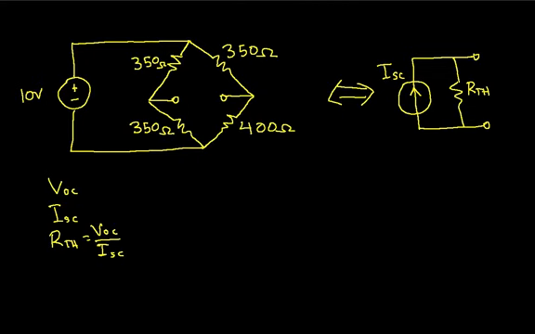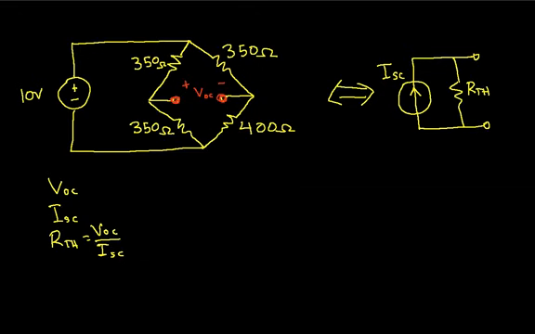So to begin with, we need to find the open circuit voltage. We are finding the Norton equivalent with respect to these two terminals. So the first thing we need to do is find the open circuit voltage across these two terminals. How do we do that, you might ask?